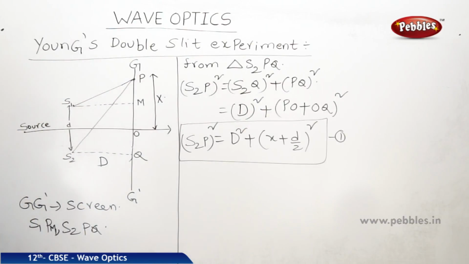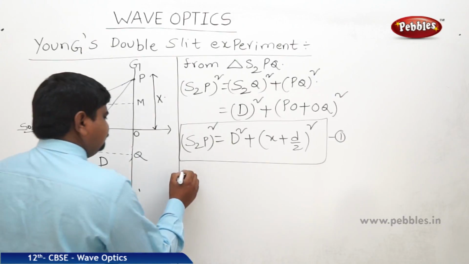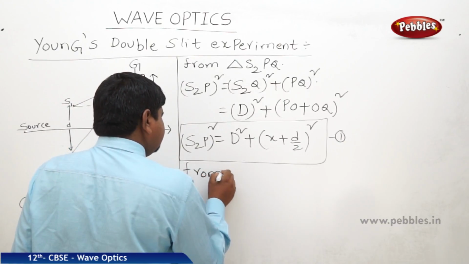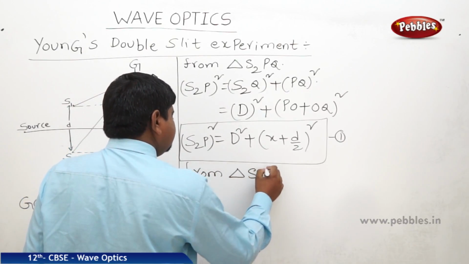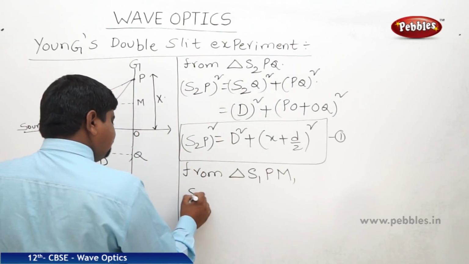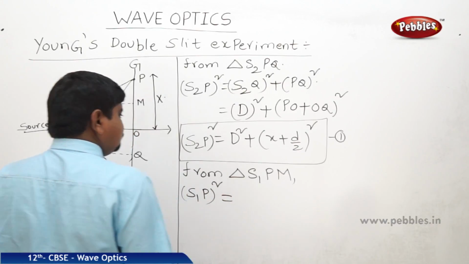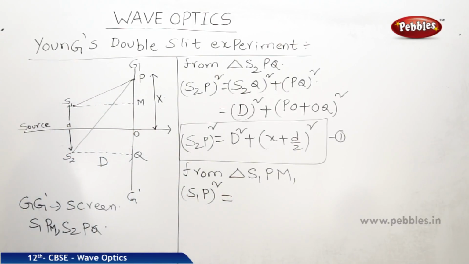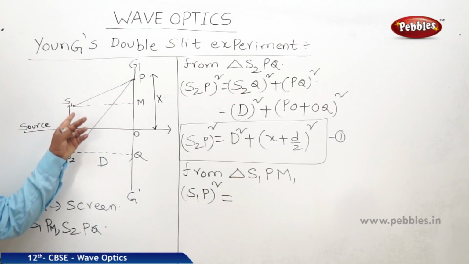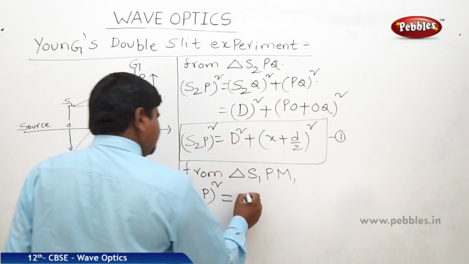And the next one, from triangle S1PM. What is S1P square? The S1P square is nothing but S1M square plus PM square.